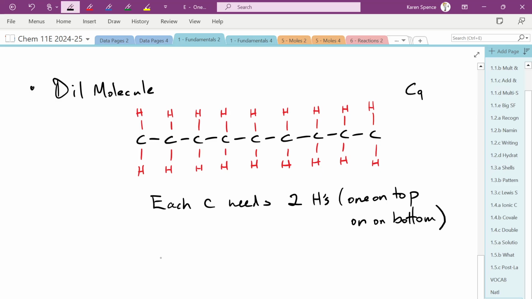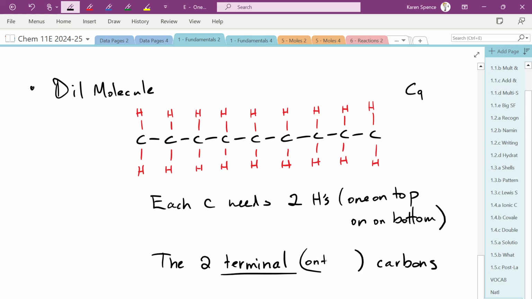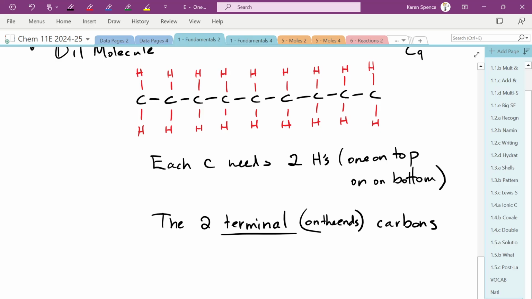What about the 2 terminal carbons? What do I mean by terminal carbons? The ones on the ends, yeah? Okay. So terminal means on the ends. If you come to the bus terminal, it's at the end of your journey.